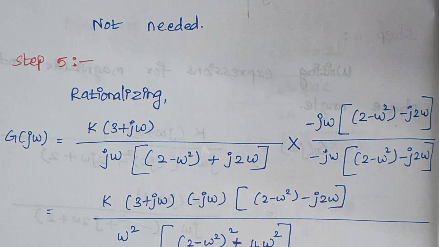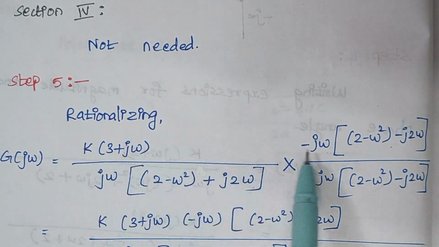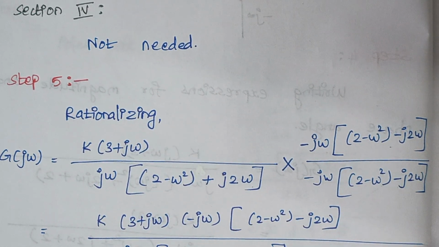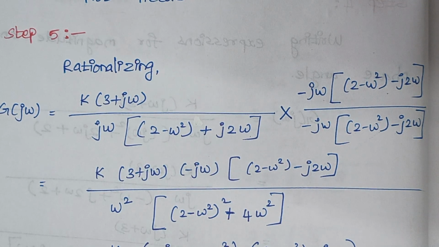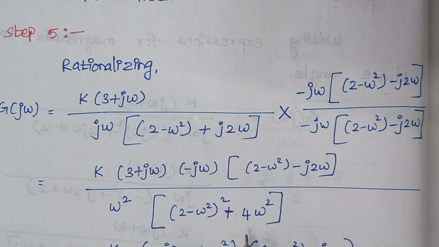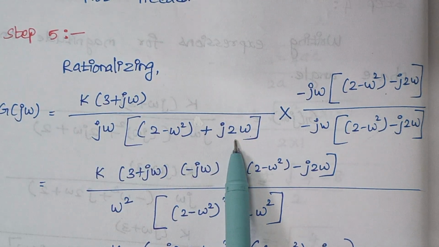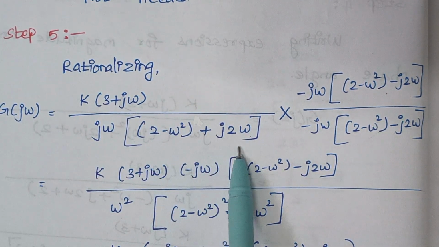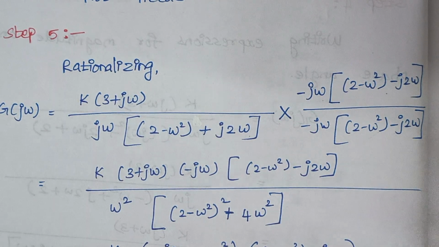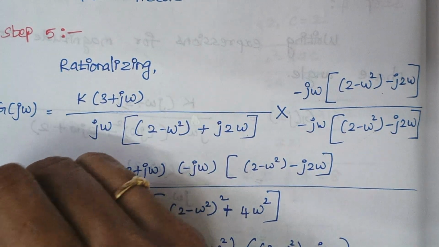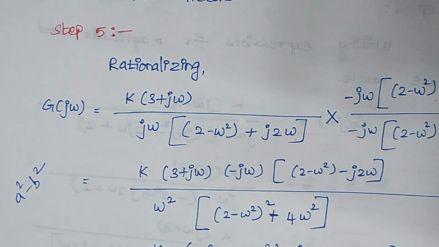So the next thing is I had combined all the numerator terms together, and again I have simplified the denominator terms here, right? So this is of the form a plus b, and here a minus b. So what is the formula? It is nothing but a square minus b square.